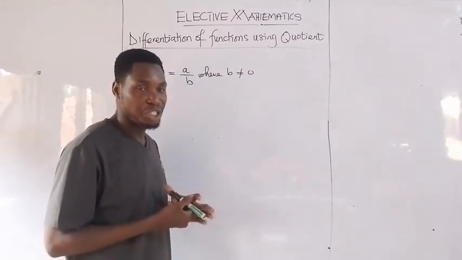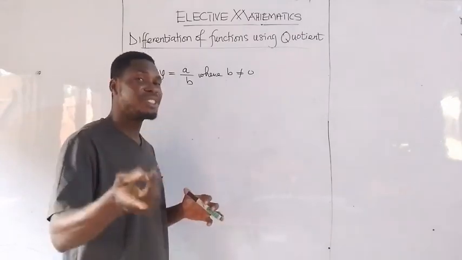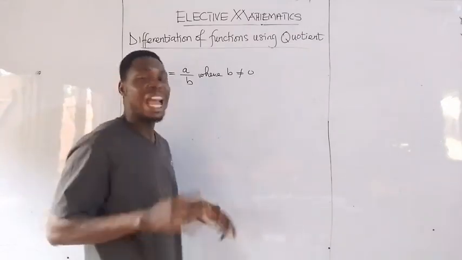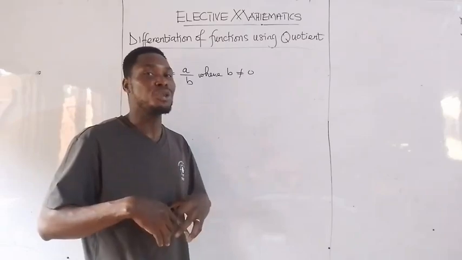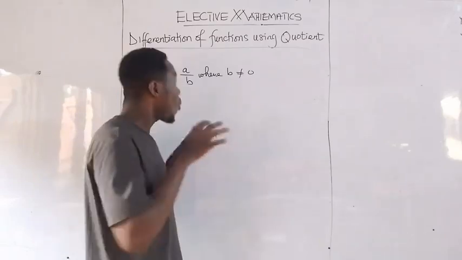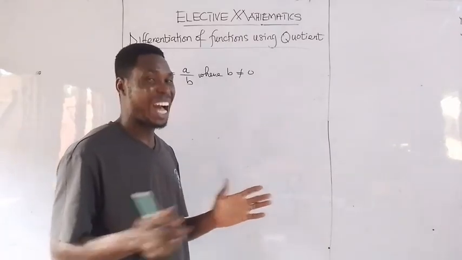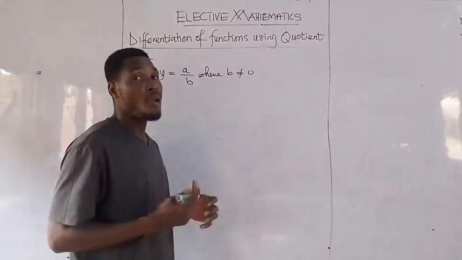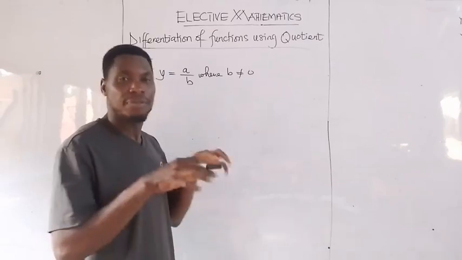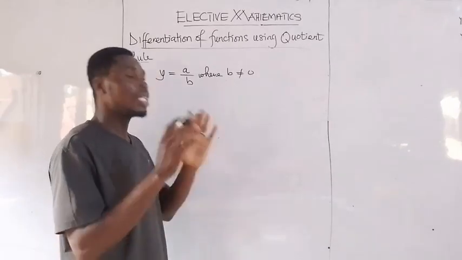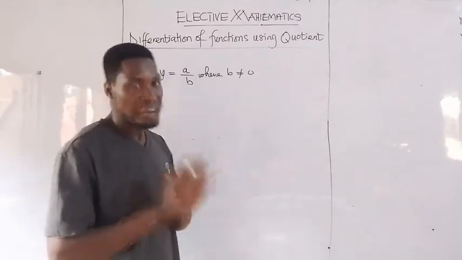I want to reiterate it again. When the function given to you is a fraction, then you need to use the quotient rule. As simple as that. And what is the formula for the quotient rule? The formula is very easy.